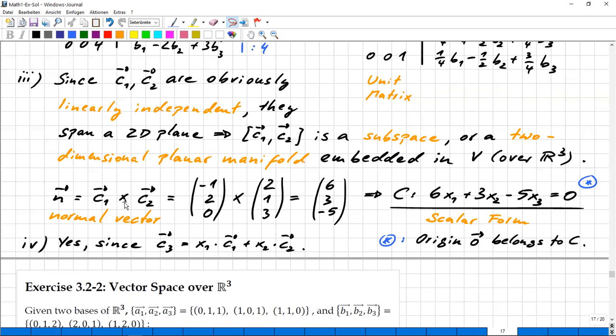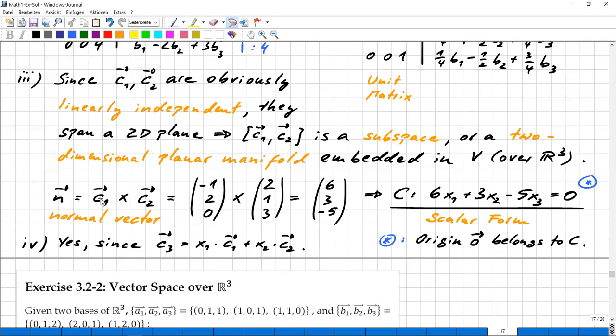This time you take the cross product, the vector product of these two, which I call n, like normal. And this is the easiest way to construct a normal vector. You know why? Because the vector product, cross product, it should be called vector product officially, always gives you a vector which is perpendicular to C1 as well as to C2. You know this, right? So the result is perpendicular to both of these vectors.